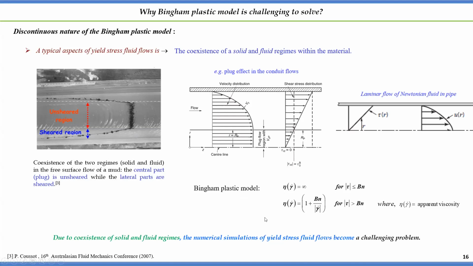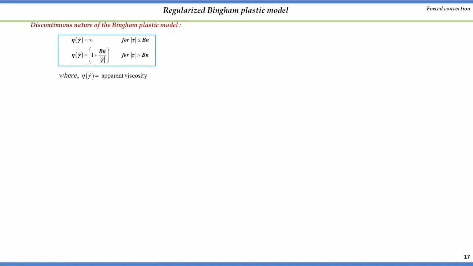So if you want to solve this Bingham plastic behavior, what are the possibilities? We have overcome this hurdle by making some modification to the ideal Bingham plastic model. This is the ideal Bingham model. It says that when your stress value is less than the yield stress, viscosity is infinite, that means very high. But when your stress value is greater than the yield stress, it has a reasonable viscosity like a Newtonian fluid.